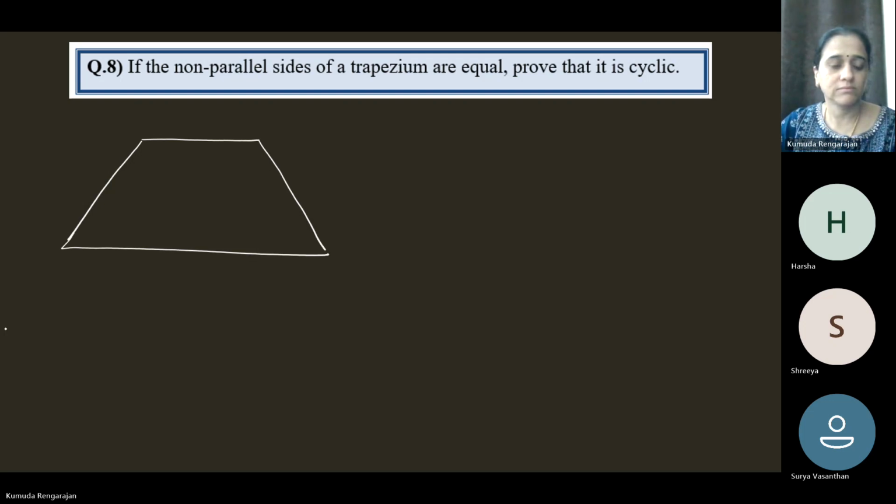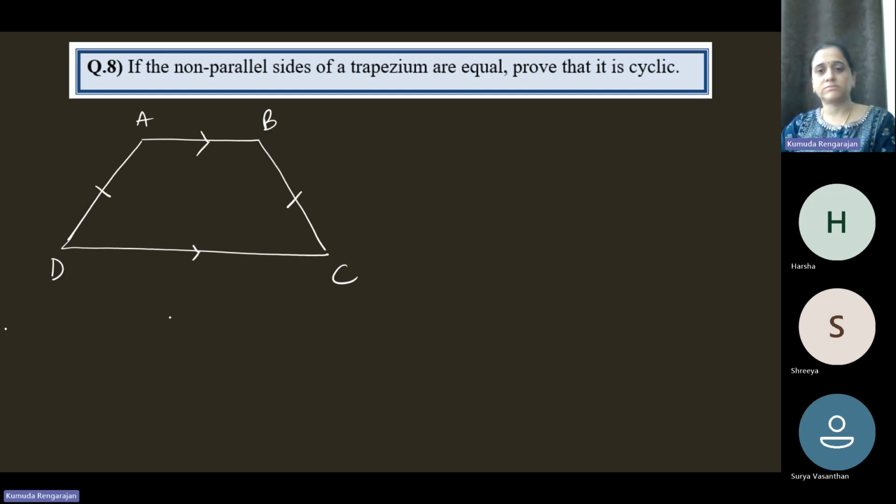Let's call it ABCD. ABCD is an isosceles trapezium. In trapezium ABCD, the non-parallel sides are equal. So this side is equal to this side. These two are the parallel sides.